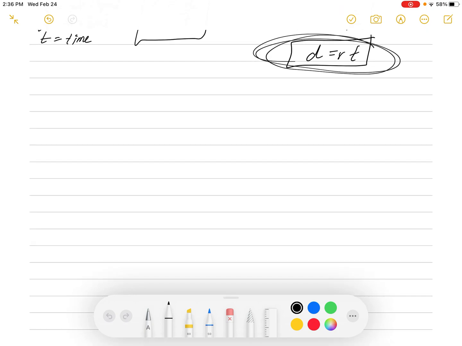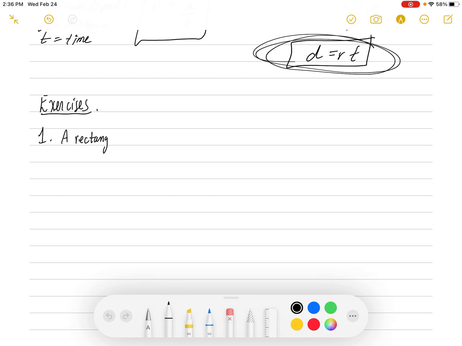So we want to do some word problems involving some of these concepts. So my first problem involves a rectangular parking lot. A rectangular parking lot has a perimeter of 1,200 feet.